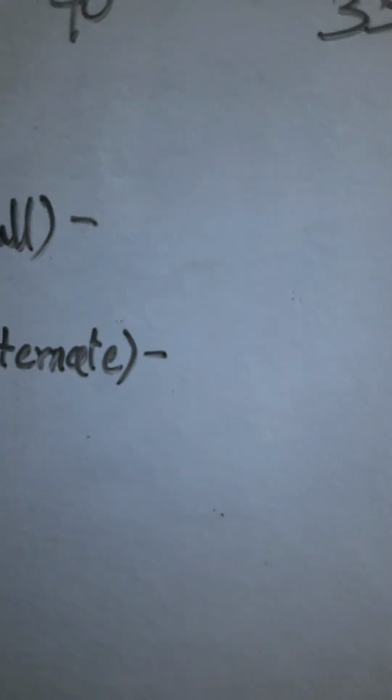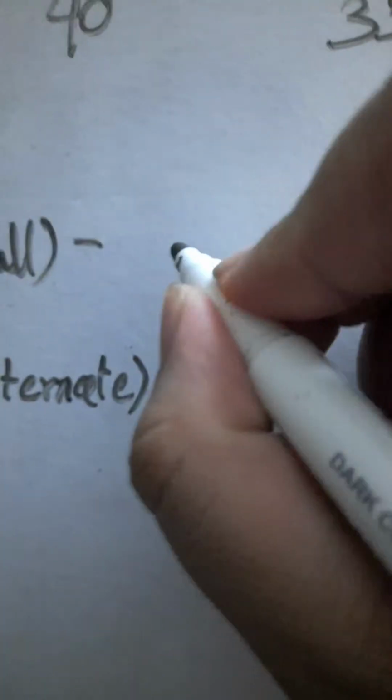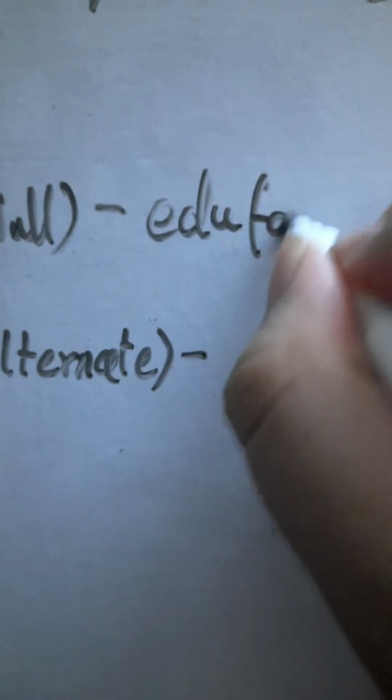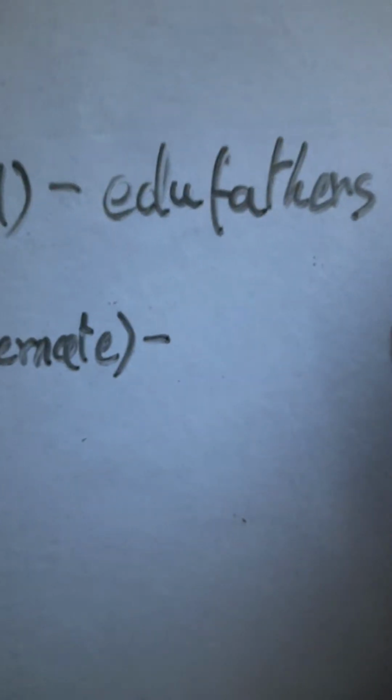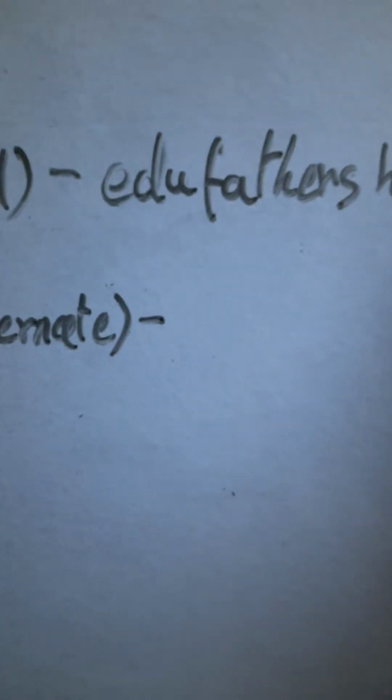In the question we had to support that educated fathers have intelligent boys. So let's write that in the null hypothesis: educated fathers have intelligent boys. You get that, right?